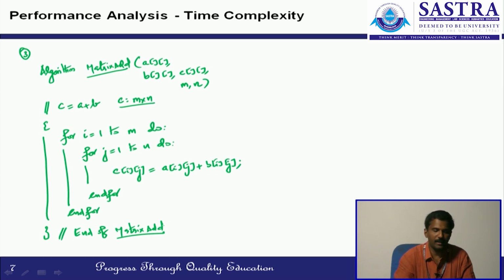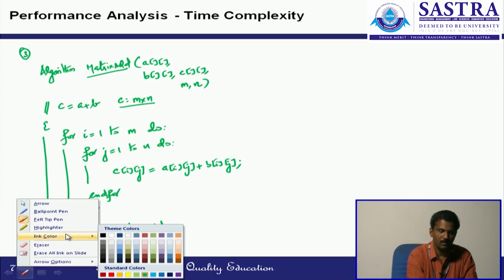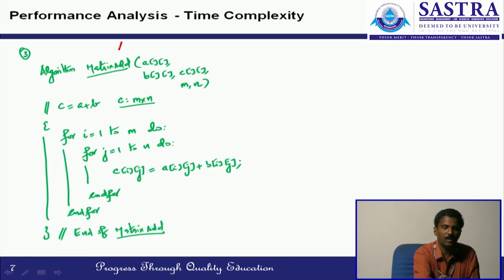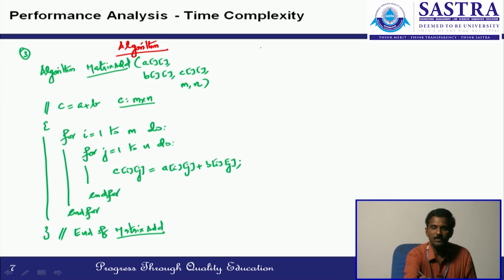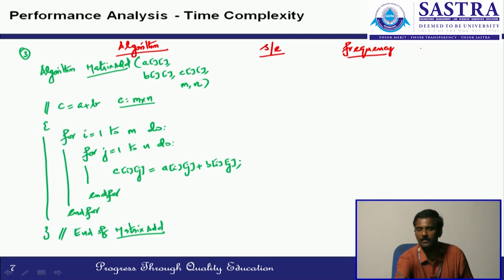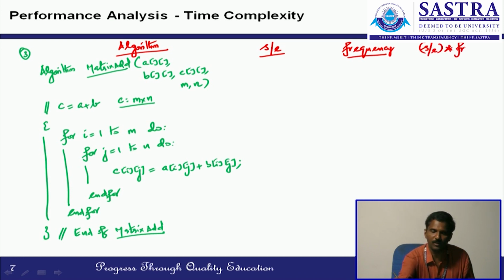Now, let us construct the table. Table headers: algorithm, then steps per execution, frequency, and the last column, steps per execution into frequency.